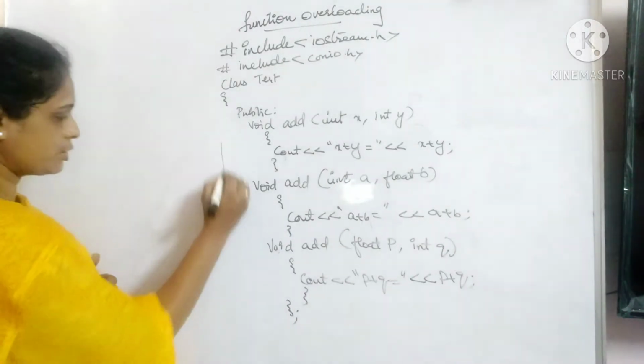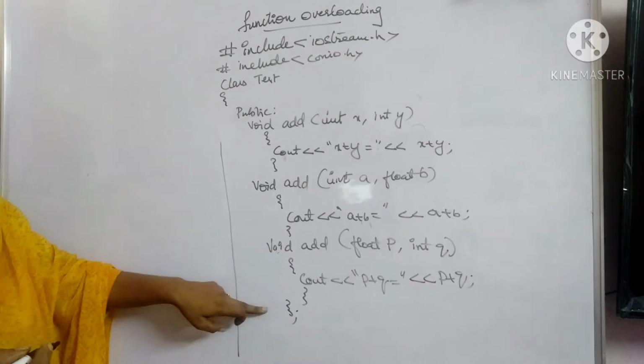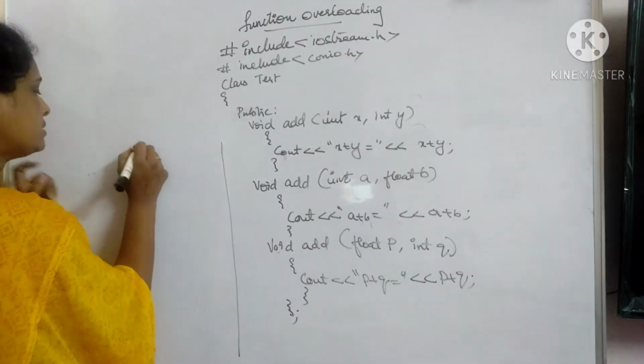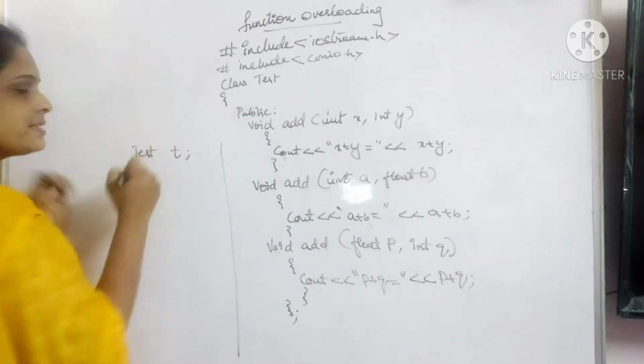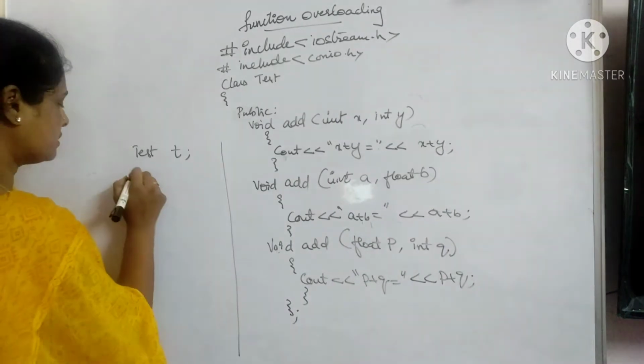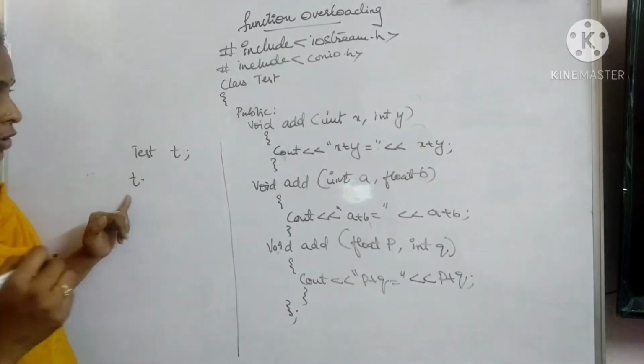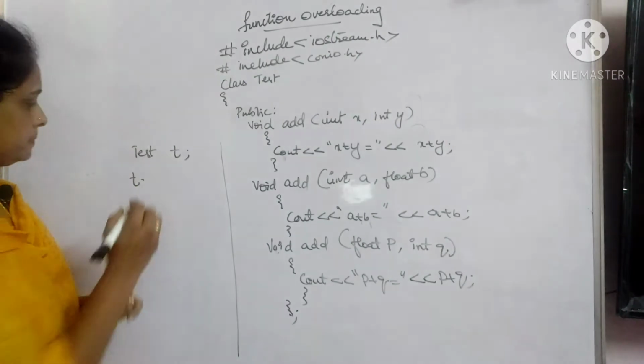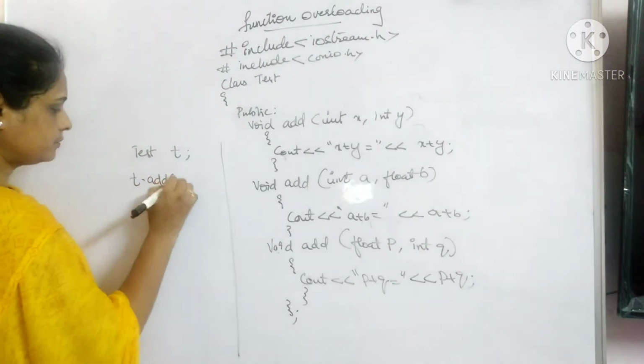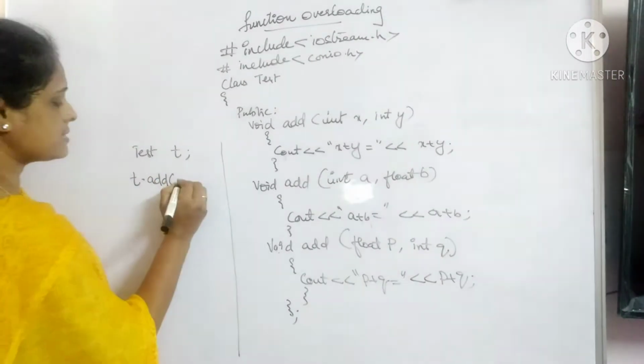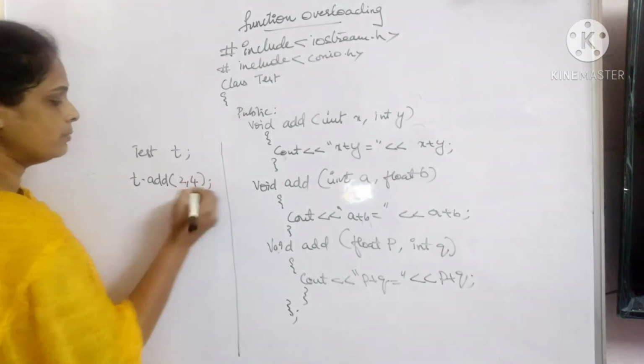Now I'm writing the continuation this side. Now I need to create an object for it. So test t is the object I have created. Then t dot add, I'm calling this one with 2, 4.